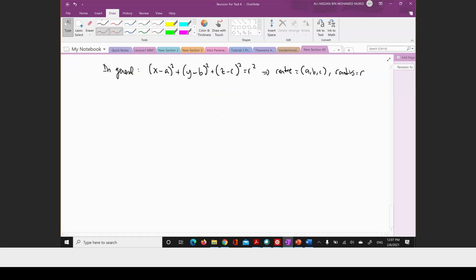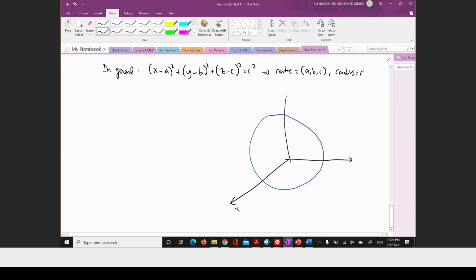Let's sketch the sphere. It is of radius 2, right?